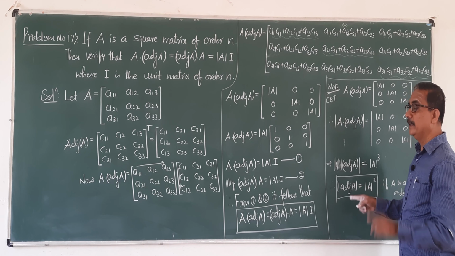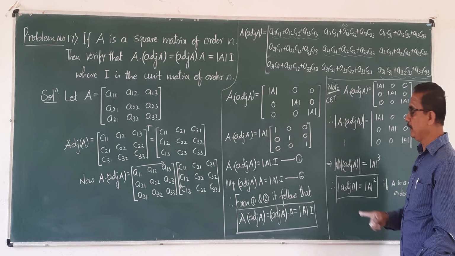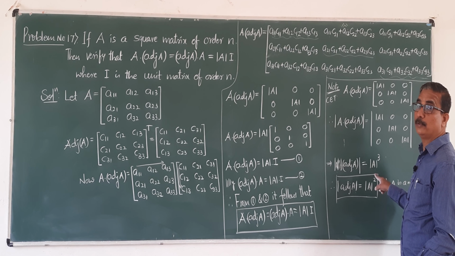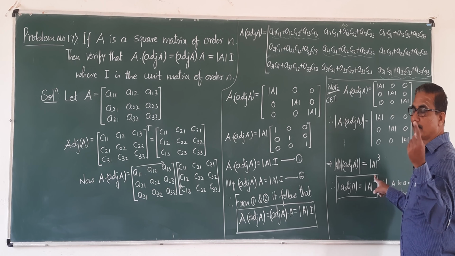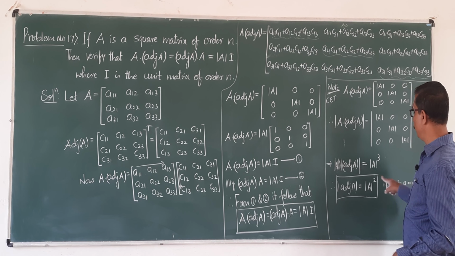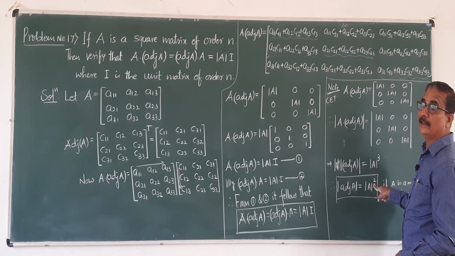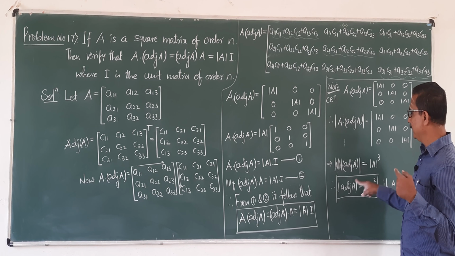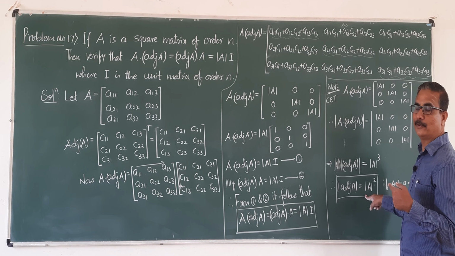So remember, if a 3 cross 3 matrix is given, determinant of adjoint of A is equal to determinant of A to the power of 2, because the given matrix is 3 cross 3, it is one less. If the given matrix is of order 2 cross 2, then determinant of adjoint of A is equal to determinant of A to the power of 1, that is determinant of A.